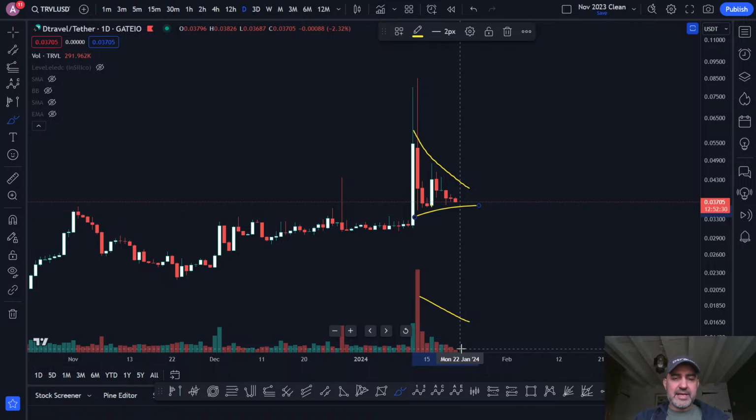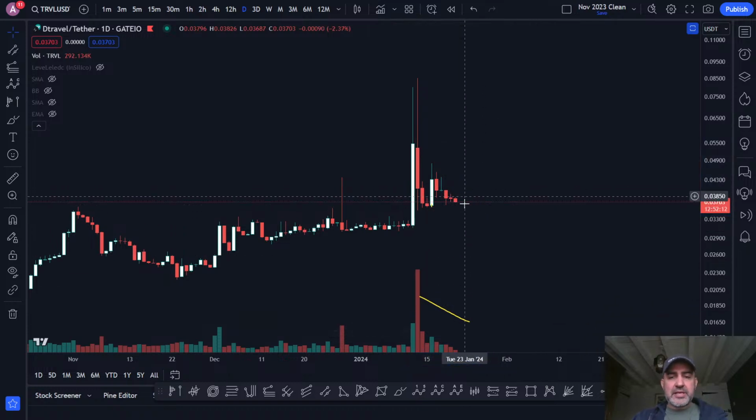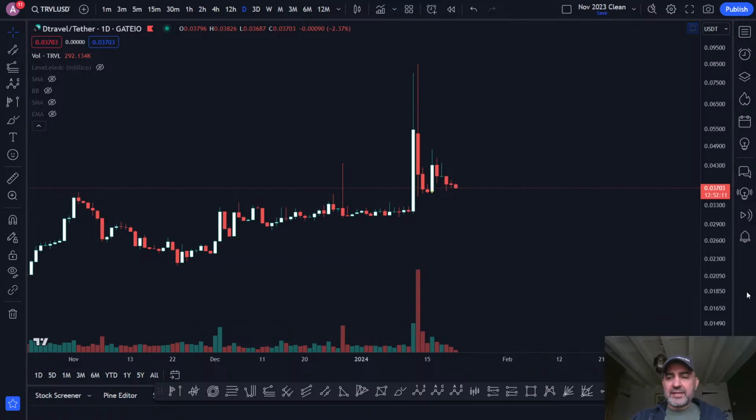So to me that tells me that the selling is kind of slowly coming to an end, and obviously that can change. Like all it would take is one person to just market sell a shitload of tokens, and then we'll know, because it could wick down.